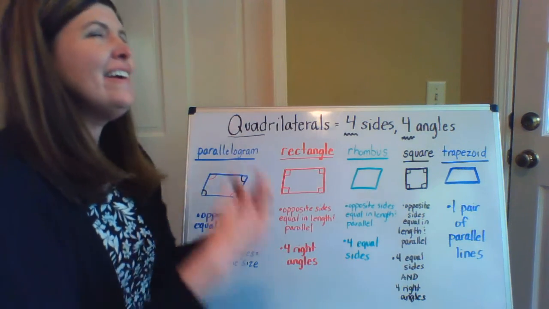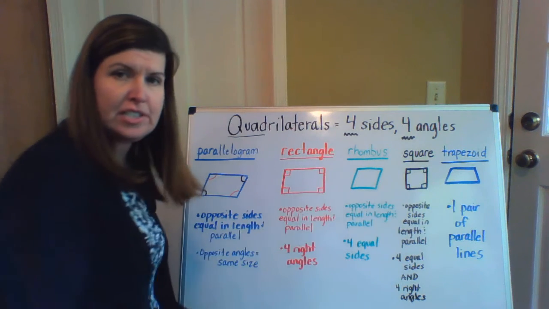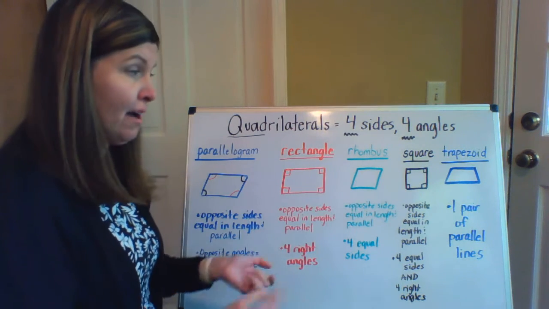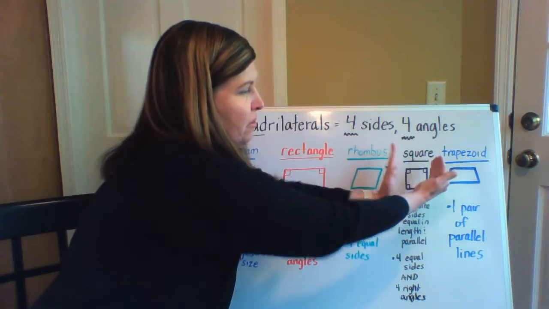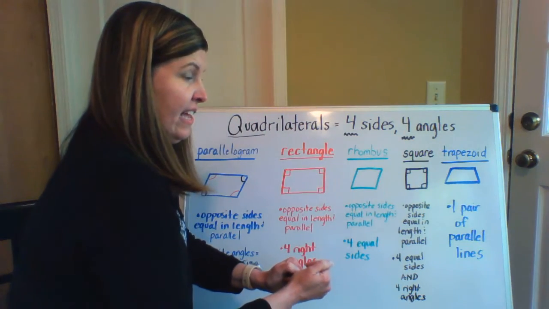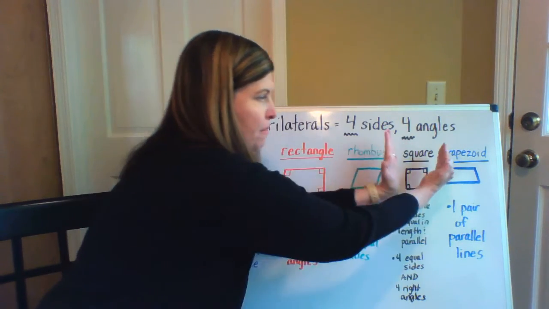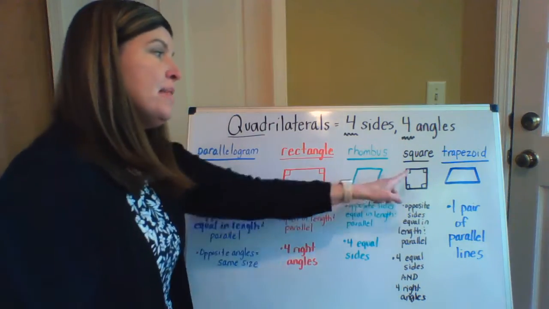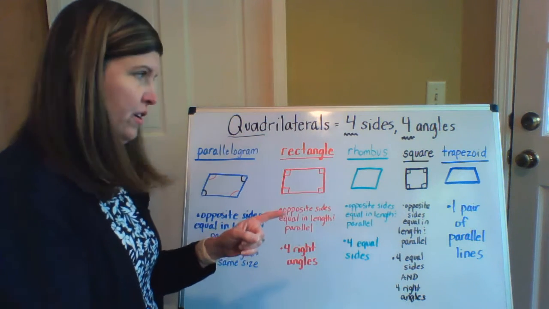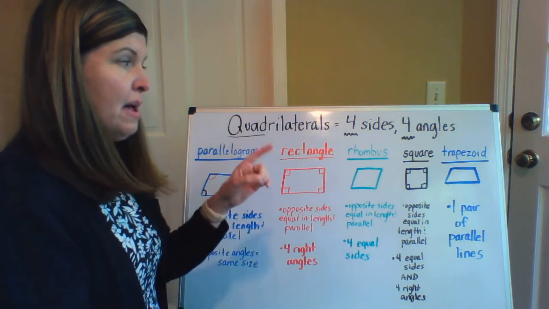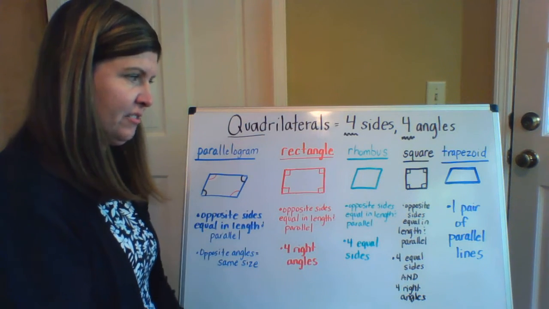Moving on to a square, same thing that all of these have as their first characteristic: the opposite sides are equal in length. The opposite sides are parallel to each other. But the interesting thing about a square is that all 4 corners make a right angle and are a 90-degree angle.